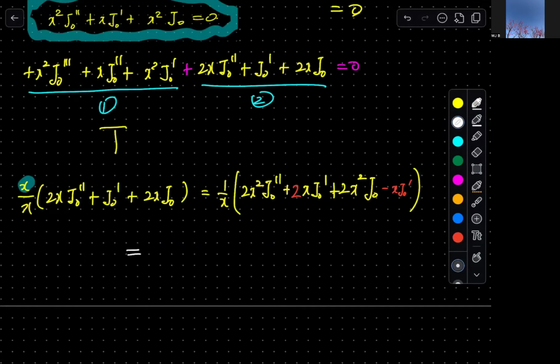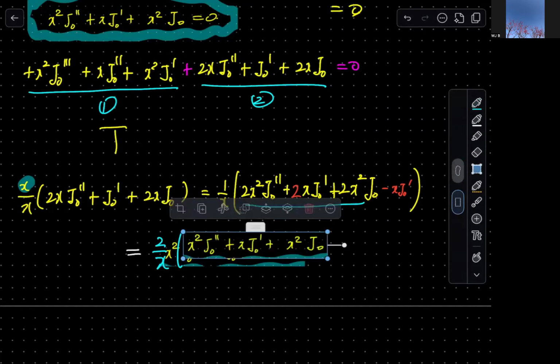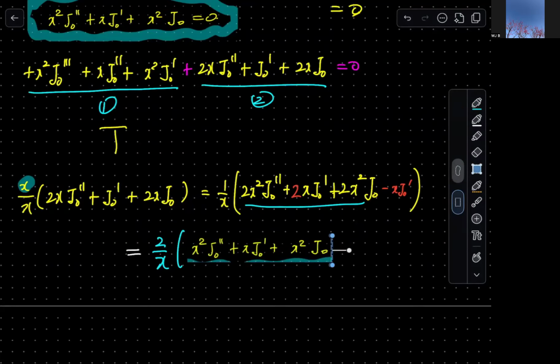Aha. So in that case, if I look at just the first 3 terms, now it's got the common factor of 2. So it's going to be 2 over x of x squared, x, and x squared again. So that's great. However, this last term must be multiplied separately and expanded out will give you negative J naught prime. But what's the benefit of it?